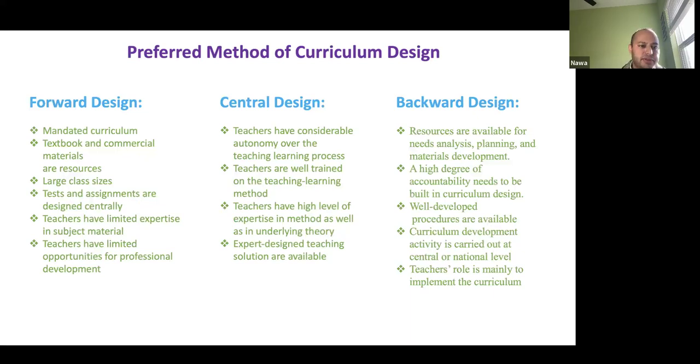A forward design method may be useful if you already have a mandated curriculum in place, and you just have the textbook and the commercial materials as the resources, if your class is pretty large, and tests and assignments are designed centrally instead of you designing those. And if the teachers do not have as much expertise as needed in the subject matter, you can just limit to the content in that context. And there are not many professional development opportunities available for the teachers.